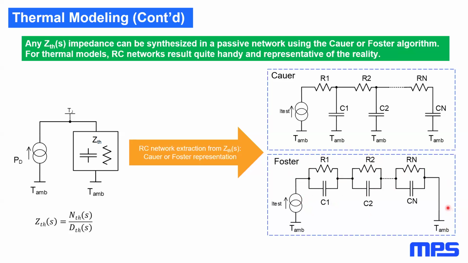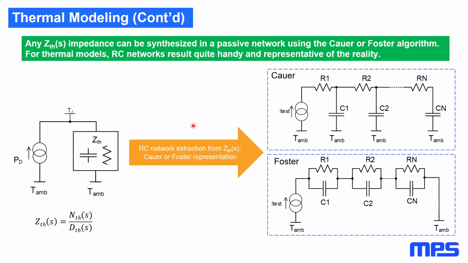Thanks to this dualism of power dissipation with electrical current and temperature with voltage, an electrical engineer could easily integrate a very simple thermal model together with an actual electrical model of the motor driver. And this integration can be done in simulation tools like SPICE-based ones.